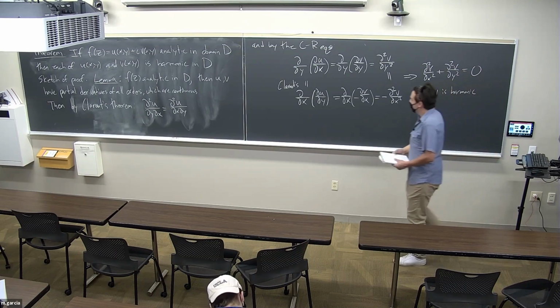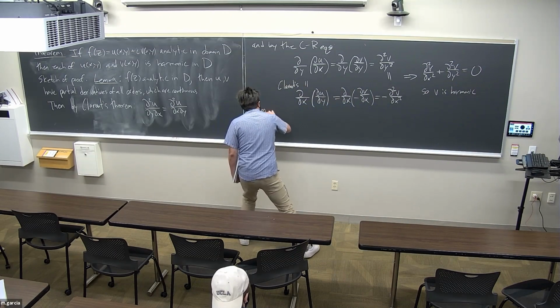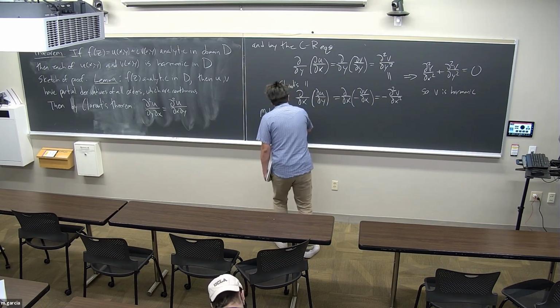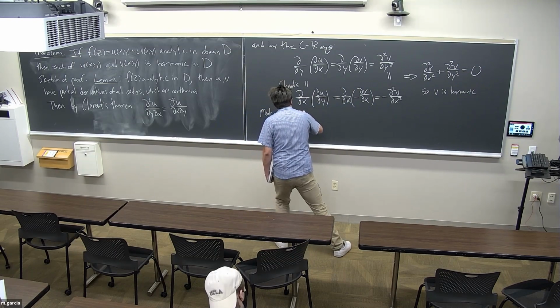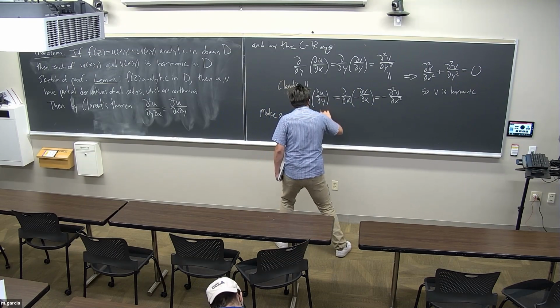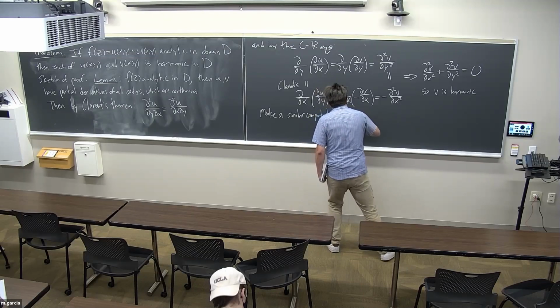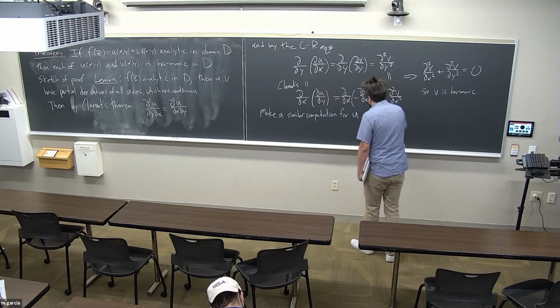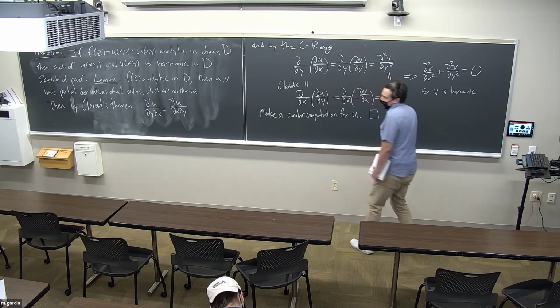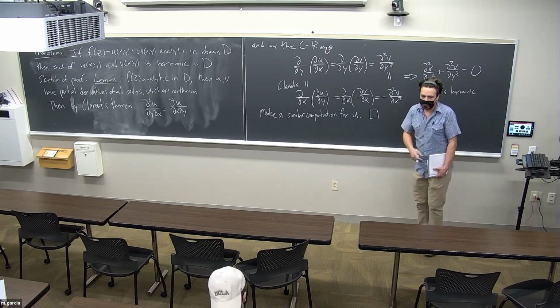Okay? I'll leave it to you to make a similar computation for u. I'll leave the box open since I didn't show you all the computations and we didn't prove that lemma. Okay?